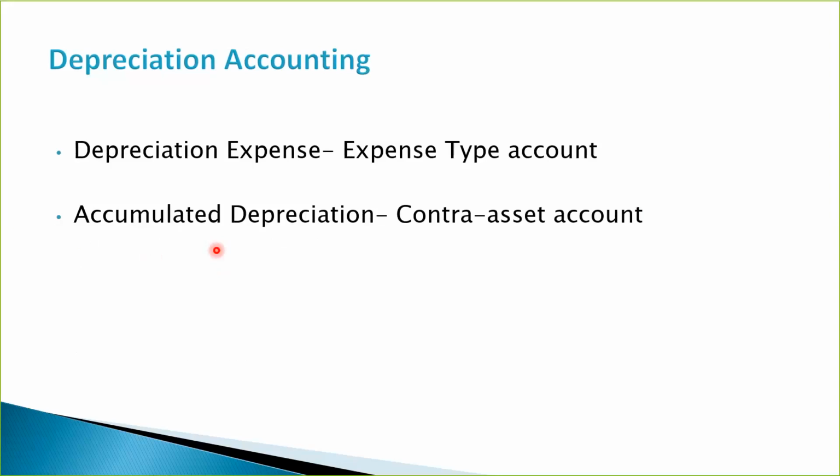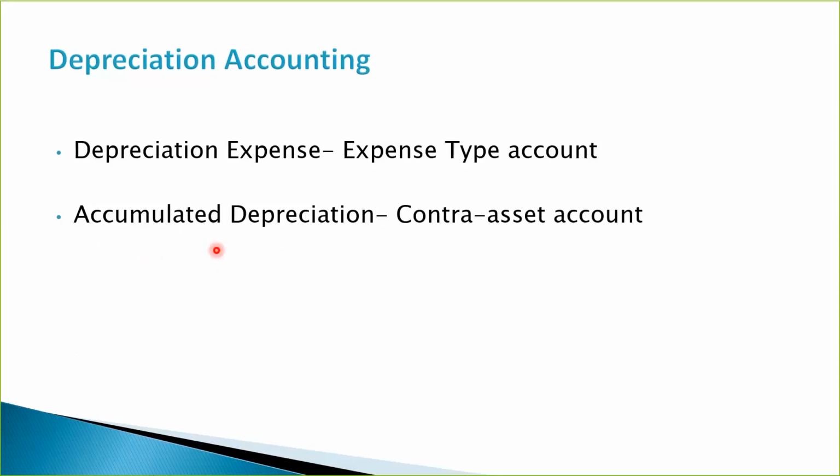What do we mean by contra asset account? We mean that it has the properties of an asset account, i.e. natural debit balance. Remember, the natural balance of asset accounts is debit. So when you increase your cash, for example, you're debiting the cash account, right? However, the accumulated depreciation is a contra asset.